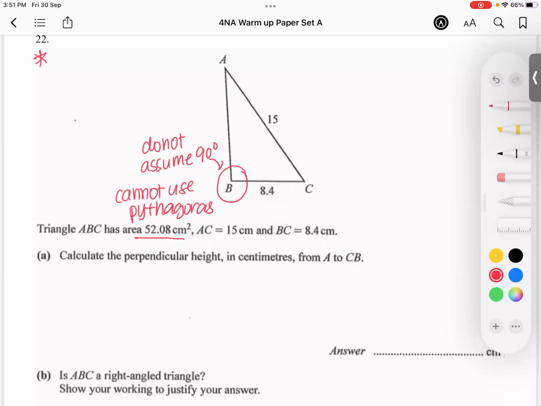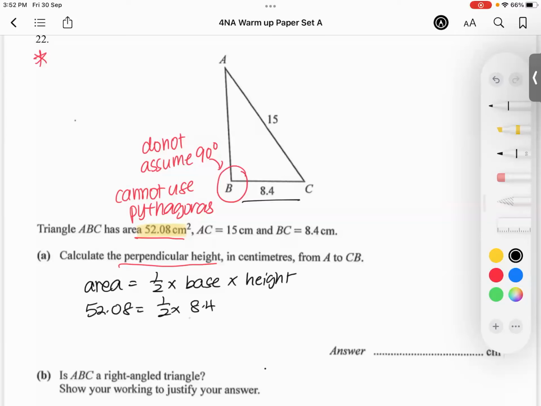Then how do I find the perpendicular height? What is the information given to me? The area of the triangle. So area is equal to half times the base times the height. The area here is 52.08. The base is given to me, 8.4. And I do not know the perpendicular height.